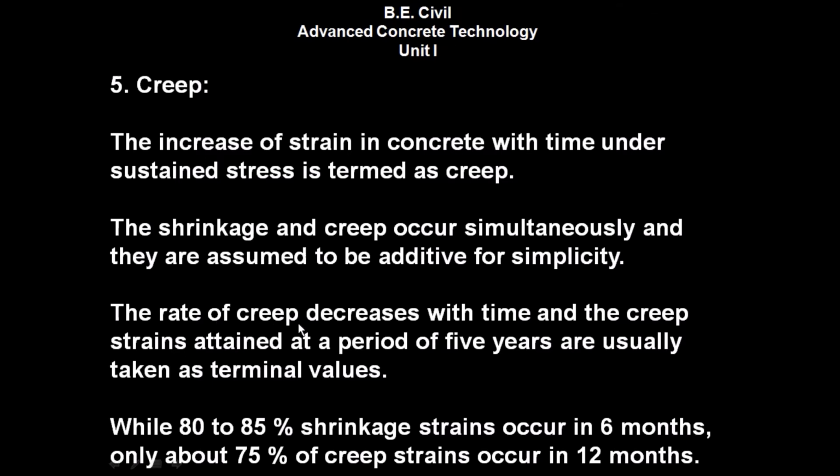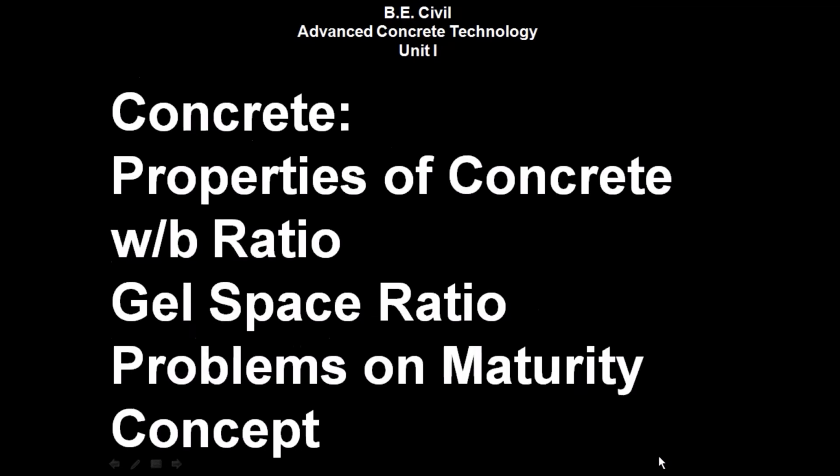The rate of creep decreases with time, and the creep strains attained at a period of 5 years are usually taken as terminal values. While 80% to 85% of shrinkage strains occur in 6 months, only about 75% of the creep strains occur in 12 months, or 1 year.